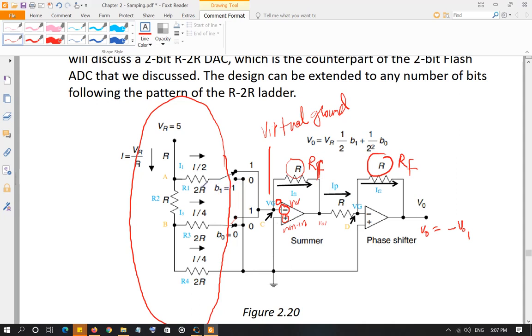So we take the parallel combination of those two resistors, that will produce again an R. So the total resistance that will be seen by this source is going to be R. All these resistors are going to produce an equivalent resistance, which will be R. So the total current that will come out of this is going to be VR over R.